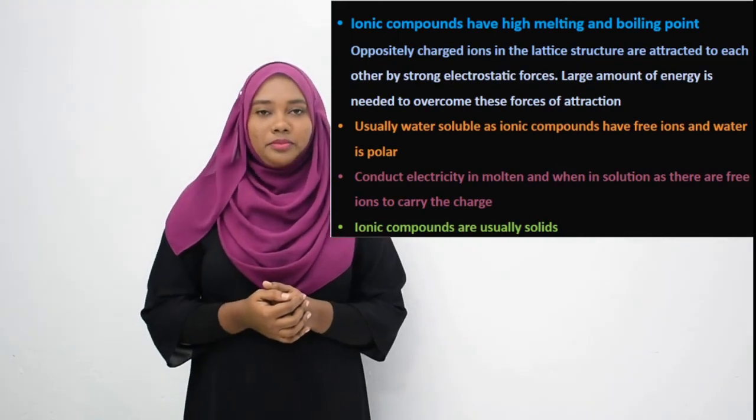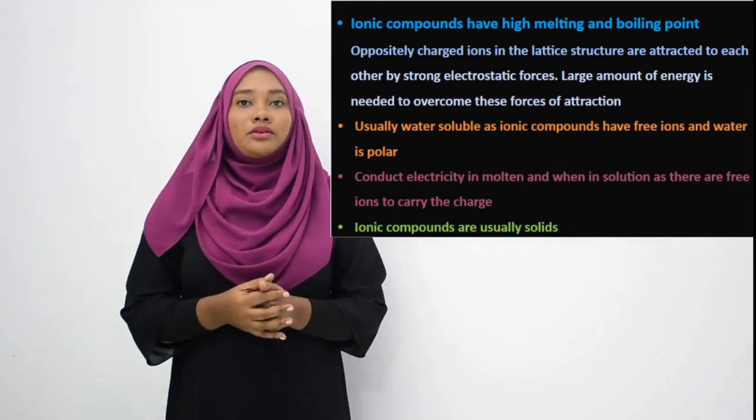Now we have looked at how to draw the dot and cross diagram of ionic compounds, how to deduce the formula of ionic compounds, as well as what an ionic lattice is, right? So next we will be looking at some of the physical properties of ionic compounds.